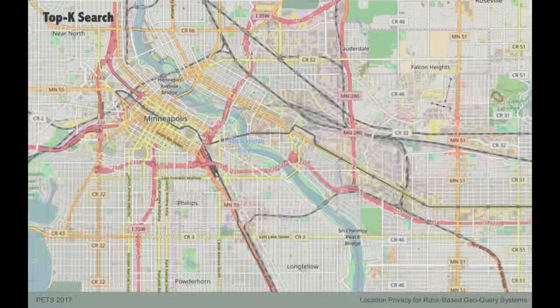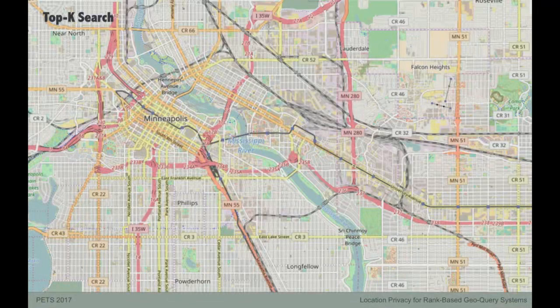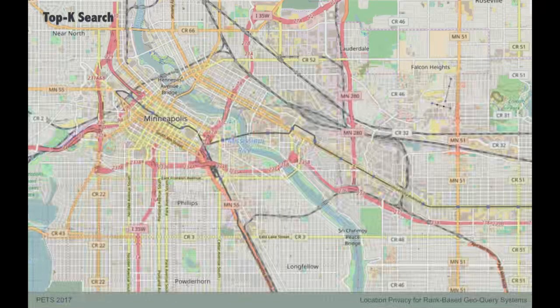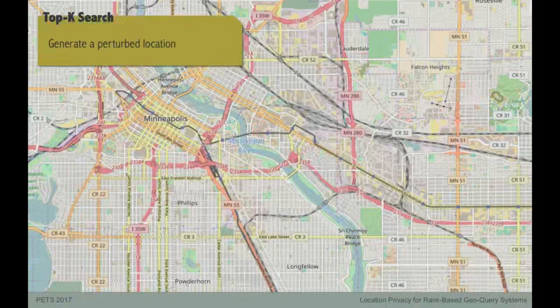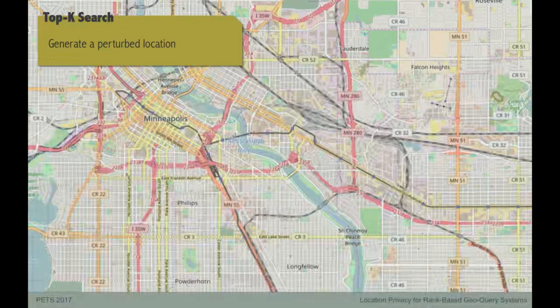We develop the mechanism to enforce it in a POI search environment. I'll go through it quickly; it's a multi-step process. It generates a perturbed location first of all. So we are somewhere in here, and it will generate a perturbed location. You can do it uniformly, or you can use geo-indistinguishability, whichever mechanism you use. You end up with some location that is not a true location.